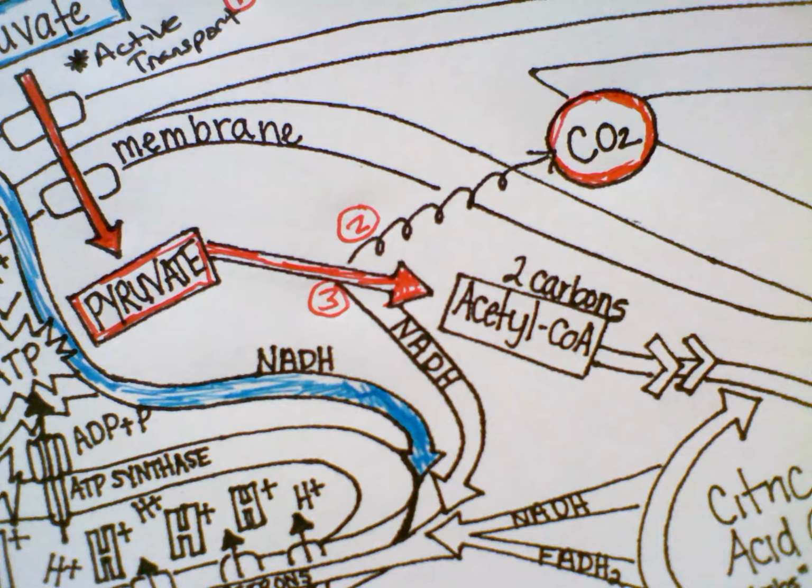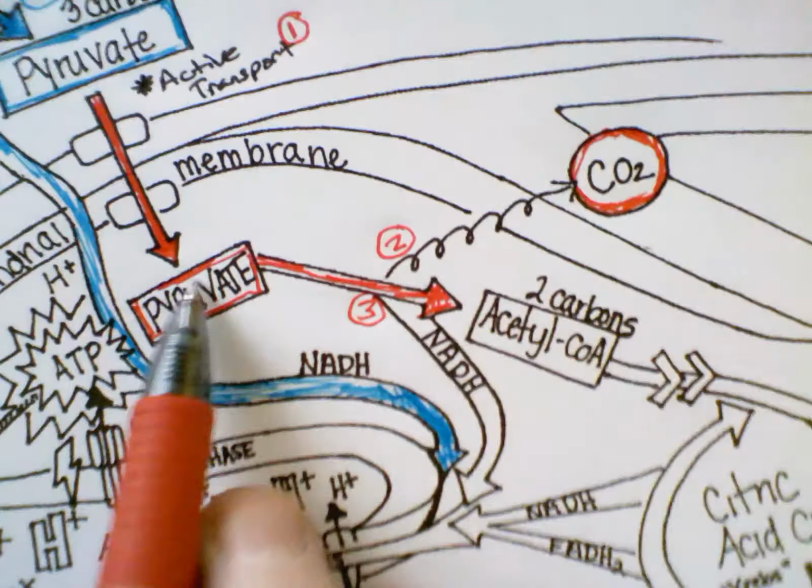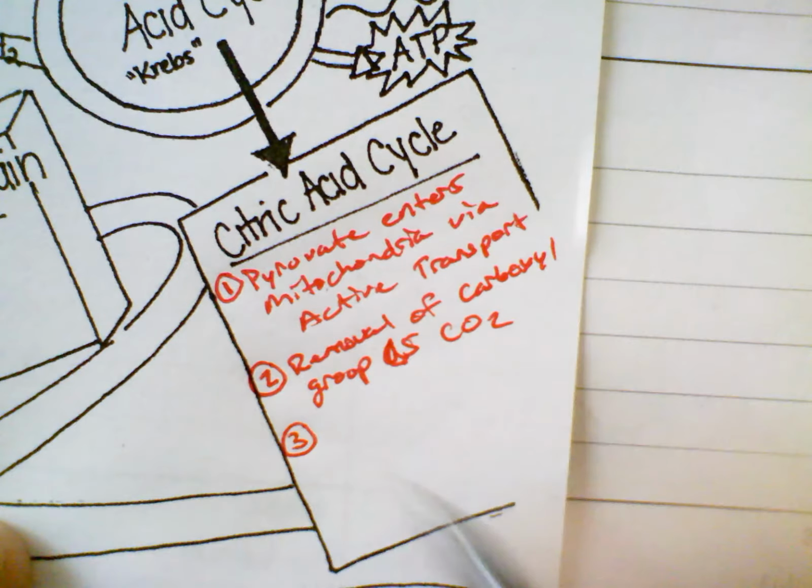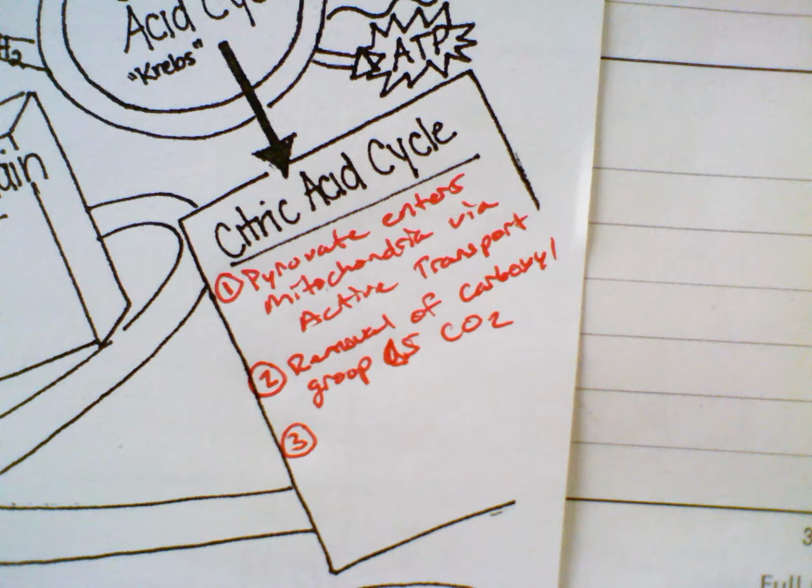Yeah, so we're going to make some more NADH, and this occurs whenever we oxidize this pyruvate. Remember, oxidation is the removal of electrons. So electrons are going to leave the pyruvate and be used to reduce. So this is a redox reaction. If you oxidize something, you can use those electrons to reduce something else. So when something is reduced, it's gained electrons.